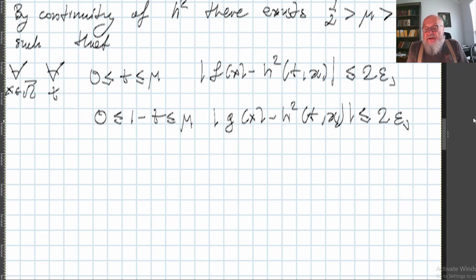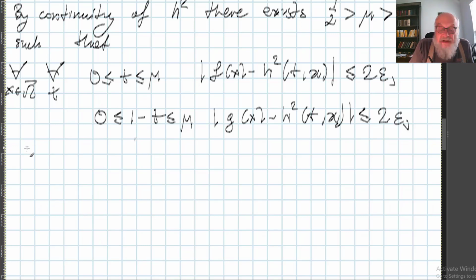and maybe we need to define an auxiliary function. So let me just simply define this function as follows. So maybe that will be a function defined like that. We defined it like this.